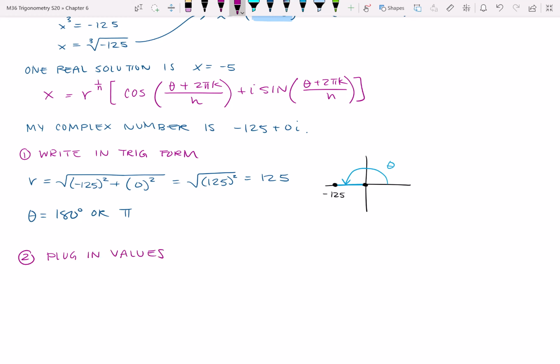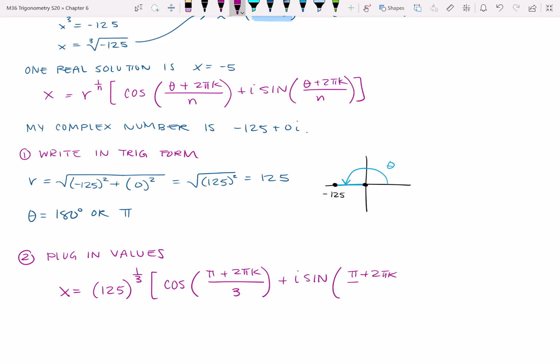All right, and so we get x, again, that's going to be our solution. X is equal to, and r here is 125, and n is 3, so 1 over 3, because again, we're looking for the cube root, times the quantity cosine of (pi plus 2 pi k) all over 3, plus i sine of the same thing, (pi plus 2 pi k) all over 3.